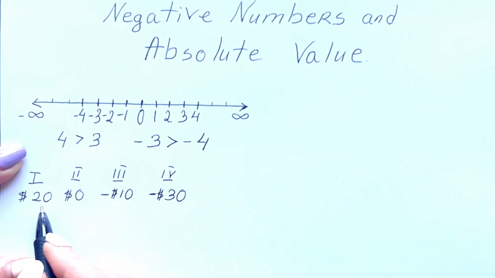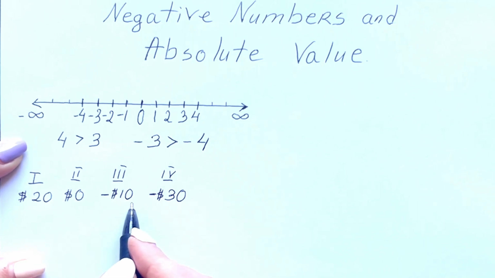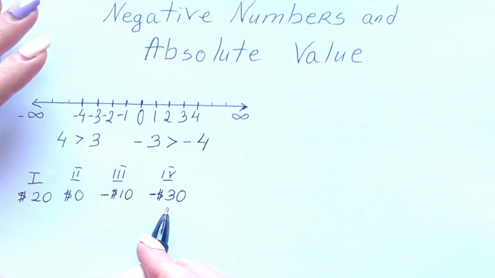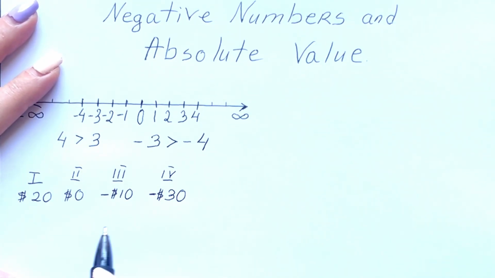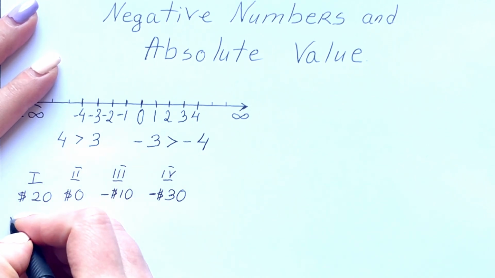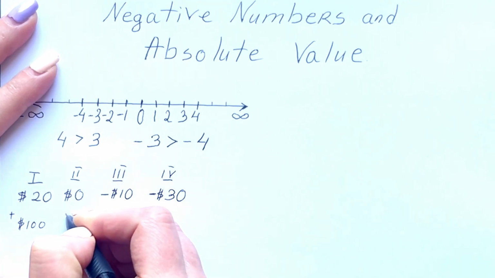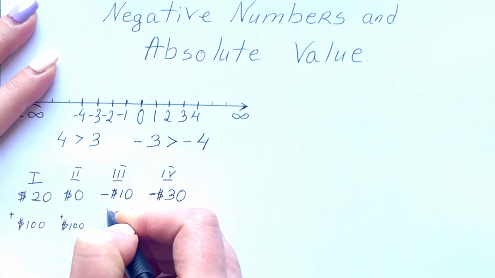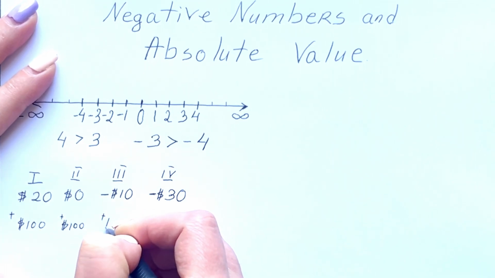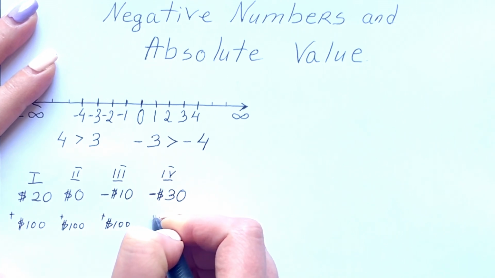The first friend has $20, the second friend has $0, the third friend has negative $10 because he has to give back to his mom $10, and the fourth friend has negative $30. So if I'm going to give each of these friends $100, $100 to each friend. Okay, it's positive for them. Yes, I'm giving $100.